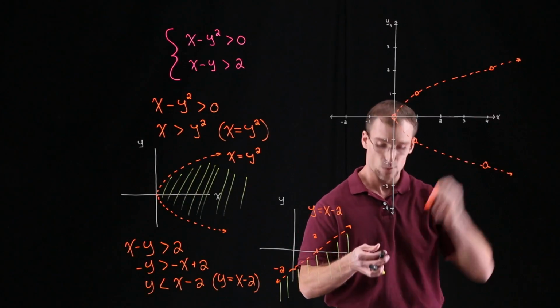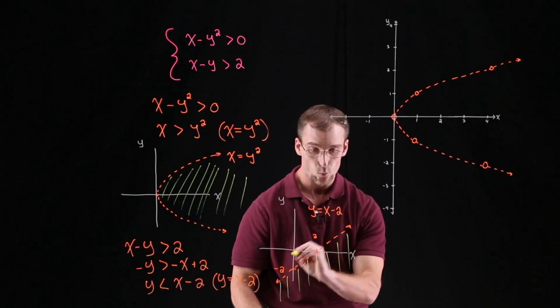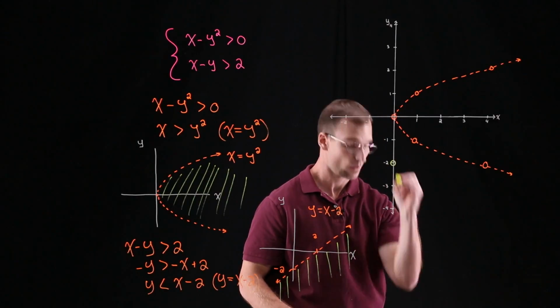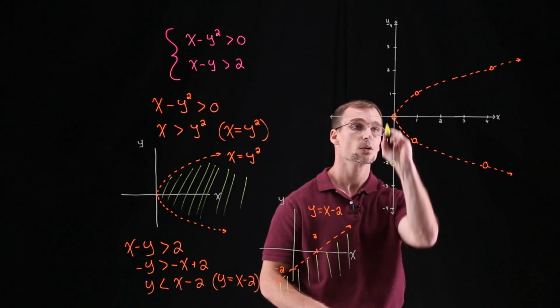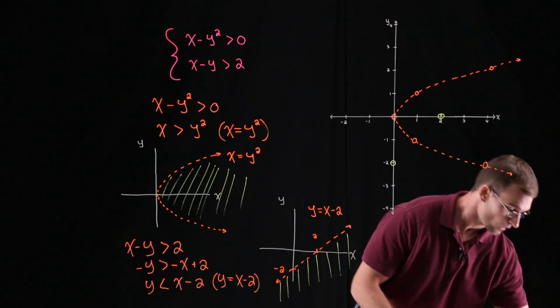Okay, so we get that. Next, look at our line y equals x minus 2. Again, y-intercept at negative 2, up 2 over 2, and cross the x-axis at x equals 2.